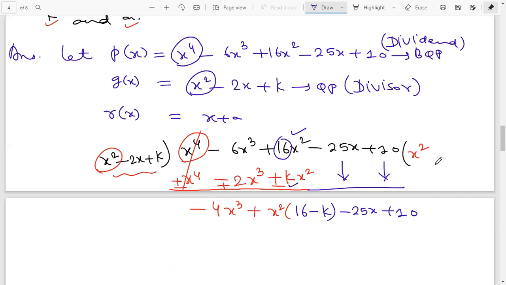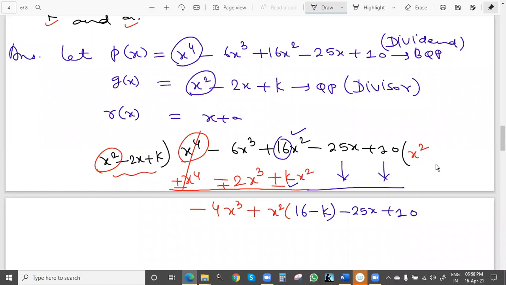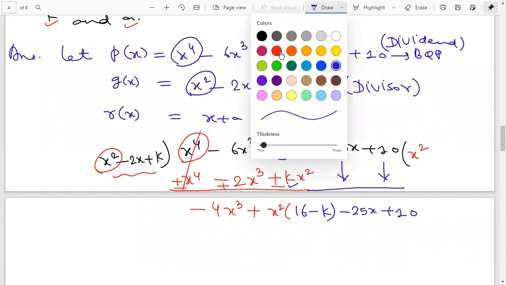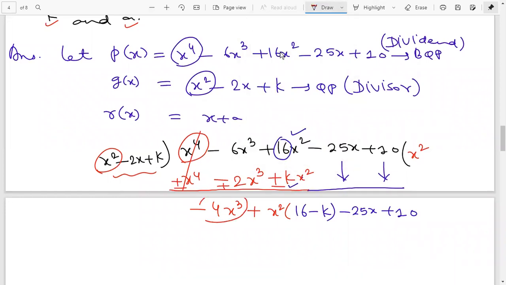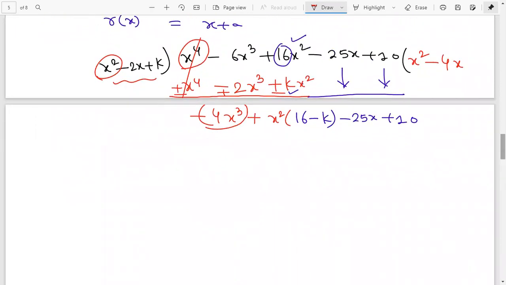Now once again the same process. We focus on the first value, that is minus 4x cube, and here x square. So this will be minus 4x, because minus 4x into x square is minus 4x cube. Then the remaining values will also multiply with minus 4x.